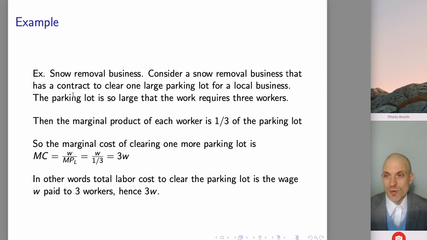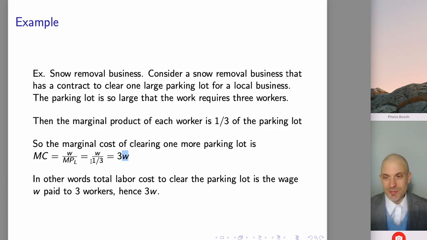So consider a snow removal business that has a contract to clear 1 large parking lot for a local business. The parking lot's large, so the work requires 3 workers. Then the marginal product of each worker is 1/3 of the parking lot. So the marginal cost of clearing 1 additional parking lot is going to be, well, 3W, right? Marginal cost is wage over marginal product of labor.